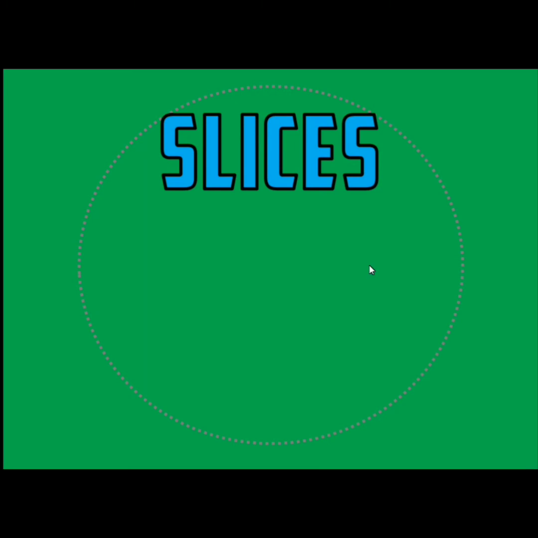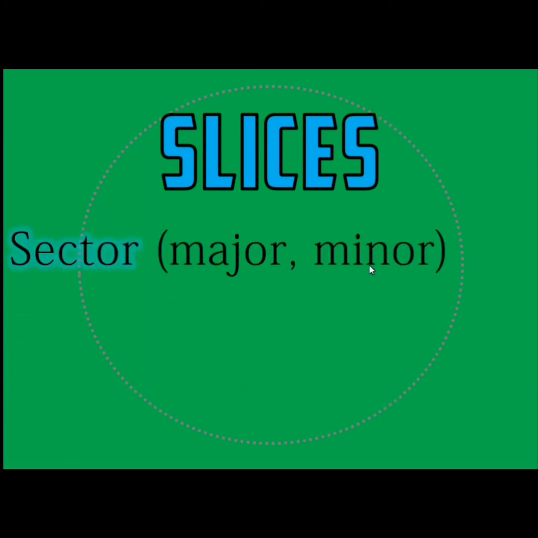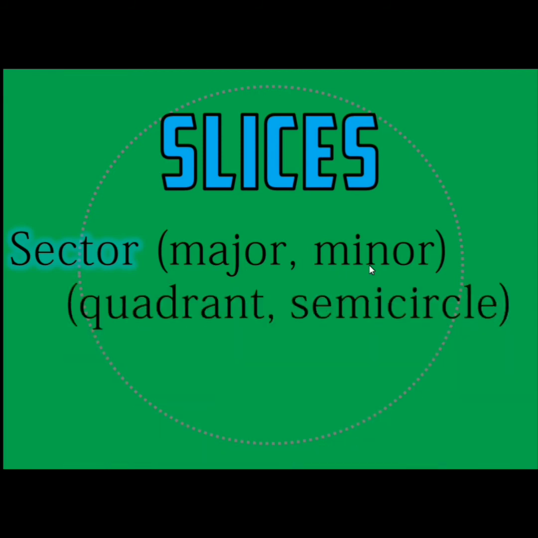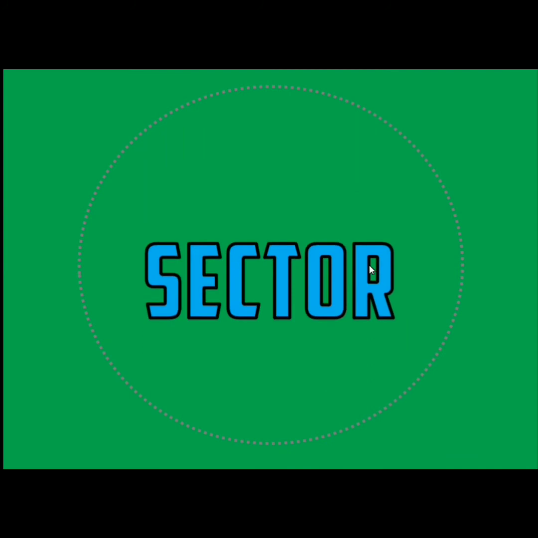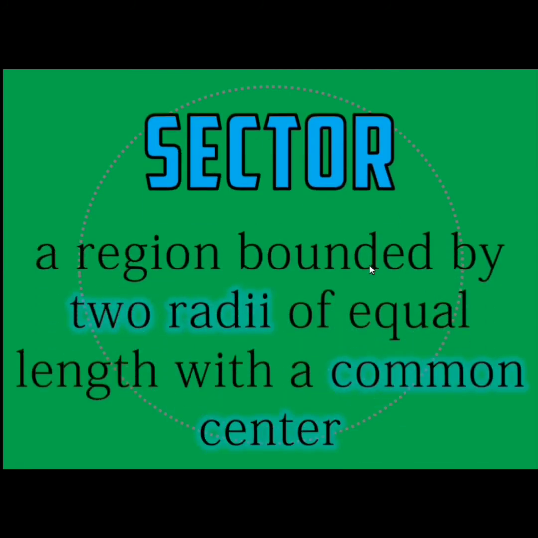Next is slices. We have sector, which is major and minor, quadrant and semicircle, and segment, which is major and minor. Sector, a region bounded by two radii of equal length with a common center.